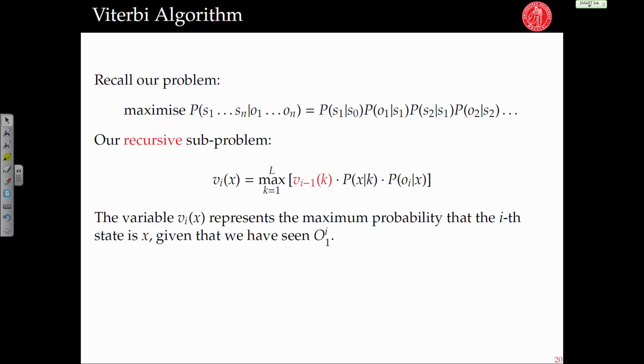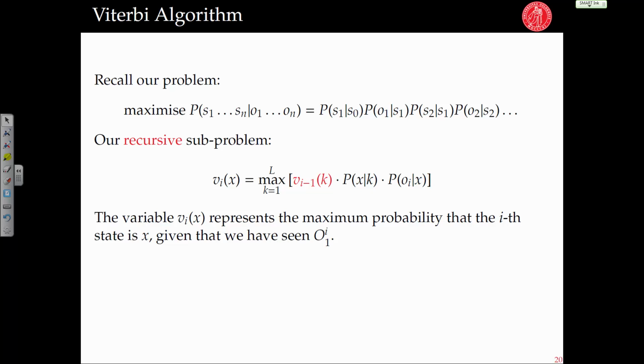Of course, we will have to do this for all possible states. In other words, what we are trying to do here is say that we have solved the problem up to point i minus 1. At point i minus 1, we know the maximum probability of being in state k up to point i minus 1, and we now want to extend it one step further, to point i.